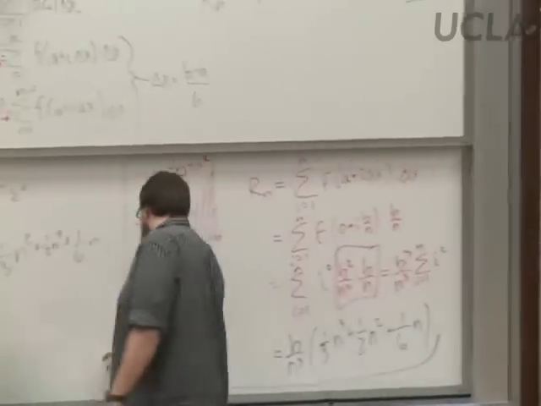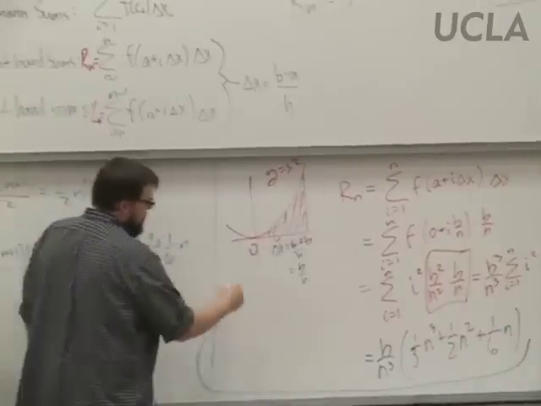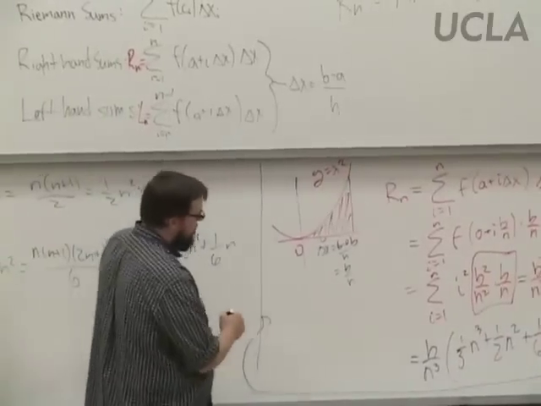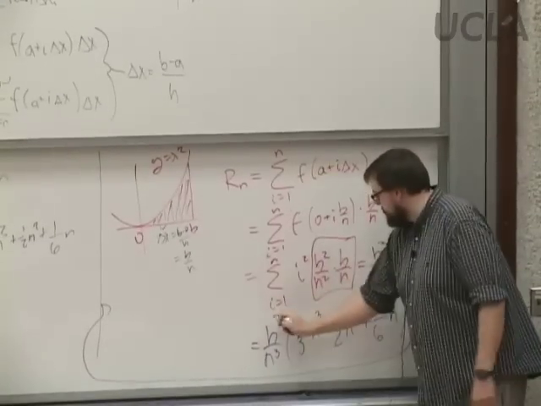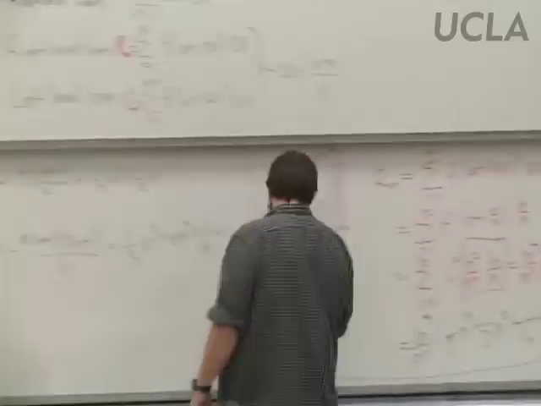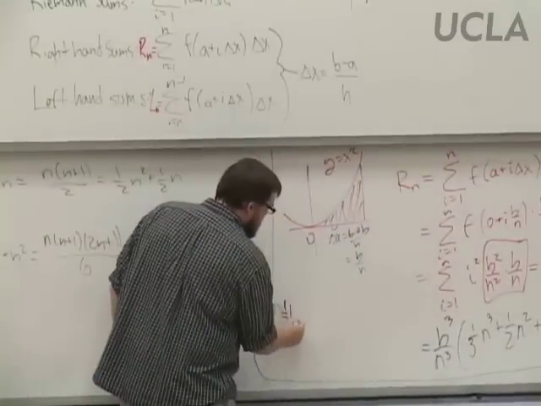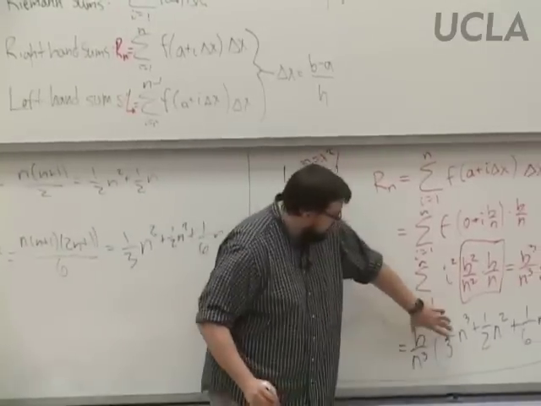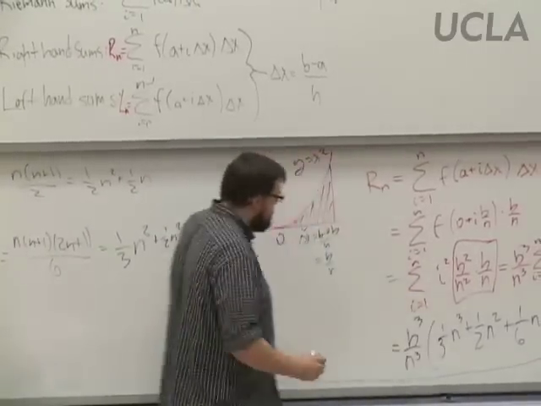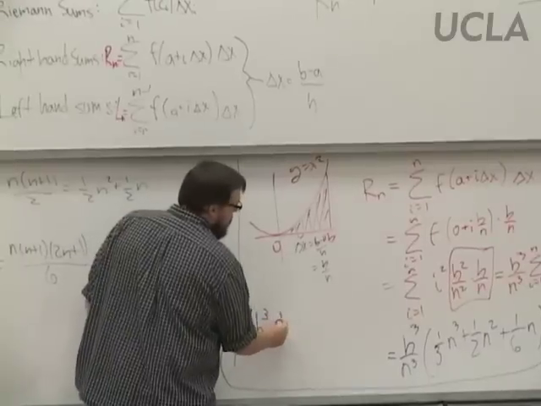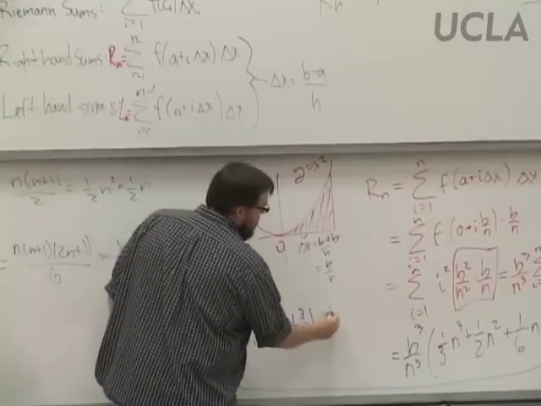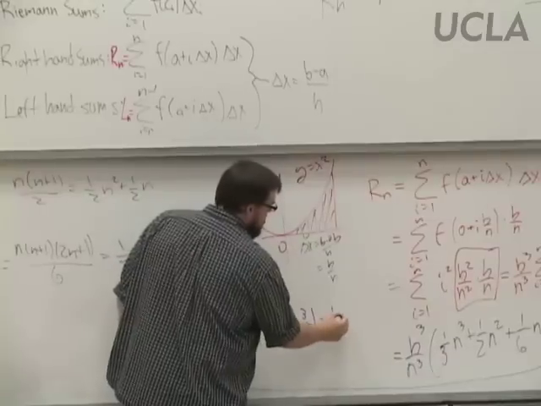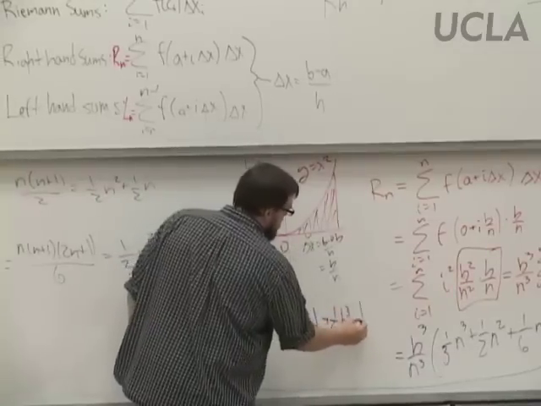Oh, whoops, sorry, I forgot this is a b cubed here, which is 1/3 b cubed as the first term when I multiply the first two together, plus 1/2 b cubed times 1 over n plus 1/6 b cubed times 1 over n squared.